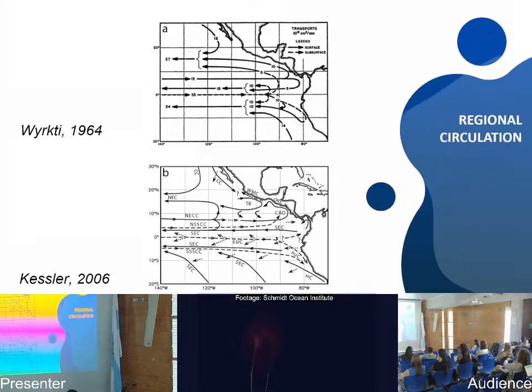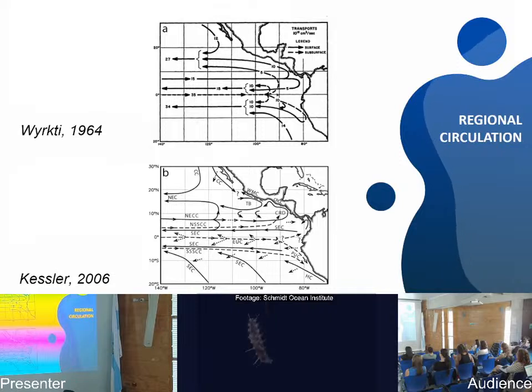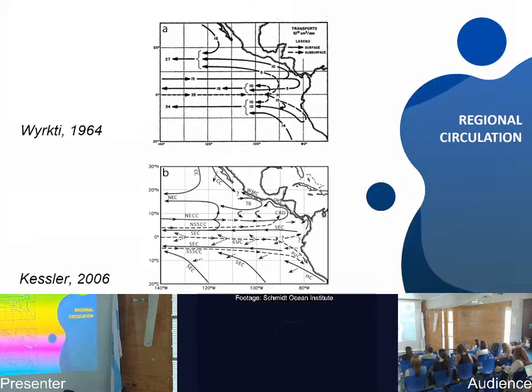So to start with the overview of the regional circulation, as I was saying, and as the lady from yesterday said very well, there have been two major important research moments in the last 100 years in our understanding of regional circulation in oceanography.